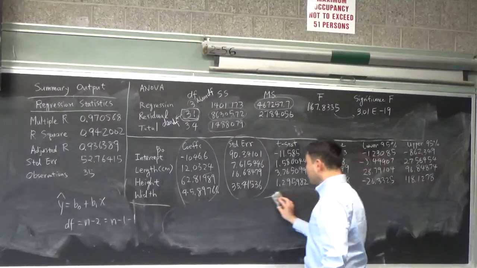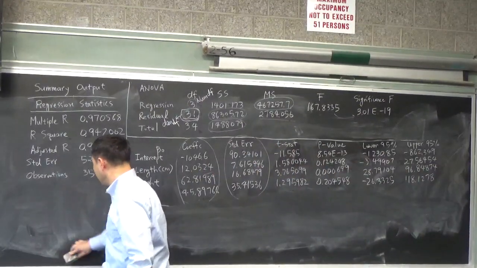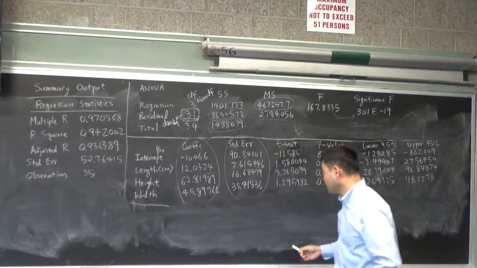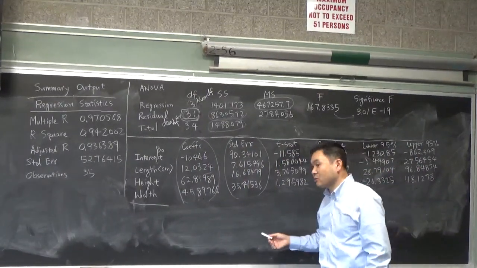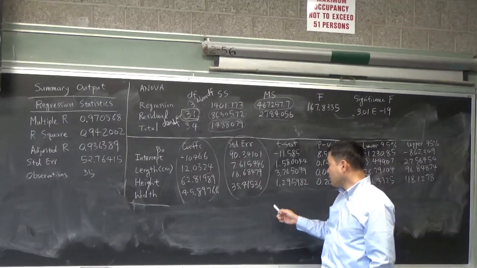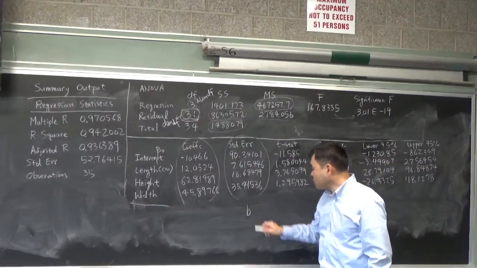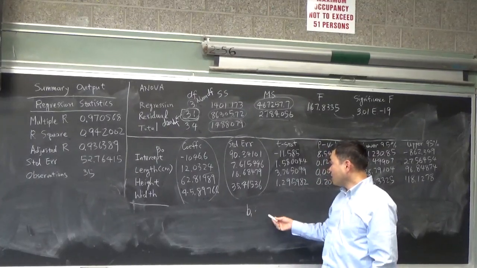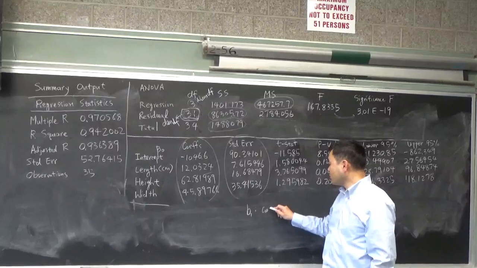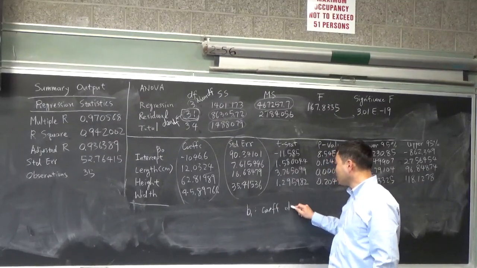To get the confidence interval, it has a similar formula to the confidence interval that we've been using before. So small b1 is the coefficient obtained from sample. Okay.